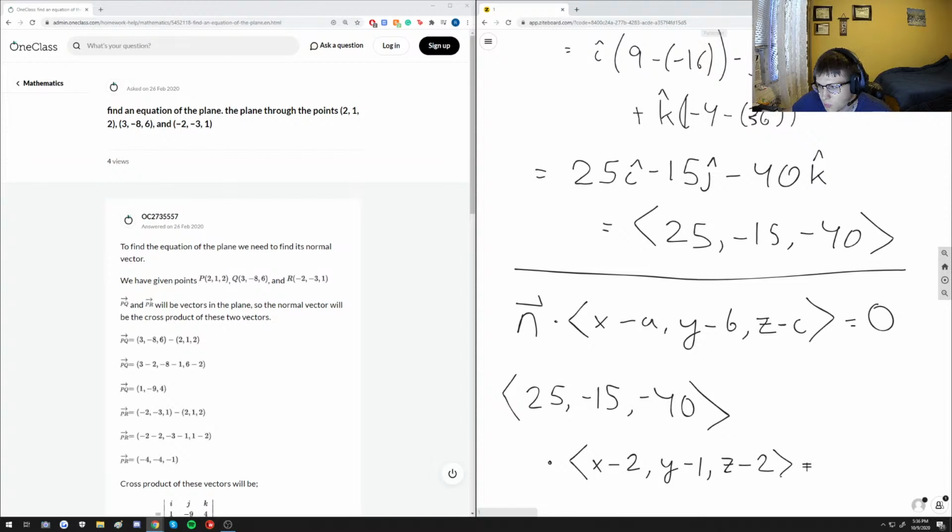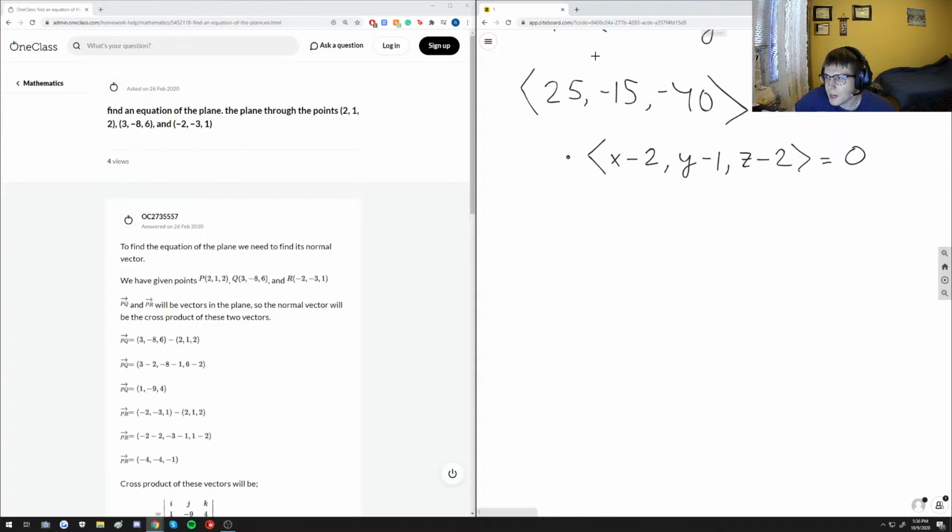So that's the 2, 1, 2 point. It's on the plane. Now, by dotting it, we just take element-wise the product and then the sum of all the element-wise products. So we get 25 times x minus 2, minus 15 times y minus 1, and minus 40 times z minus 2.